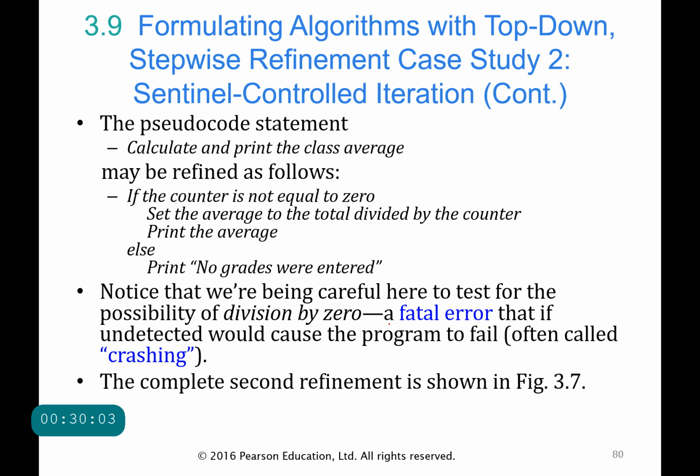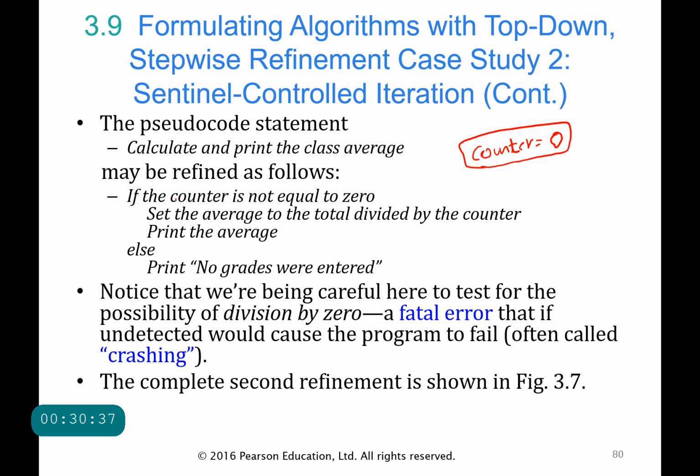So if no value is entered, then your counter is going to be 0, because in this case the initial value of the counter is 0 and not 1. So if you divide by 0, you are going to get an infinite value, so you don't want to do that.